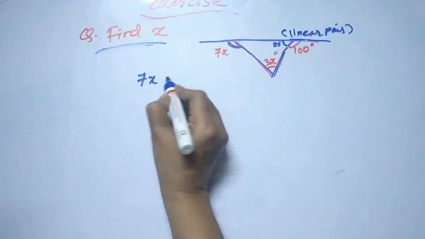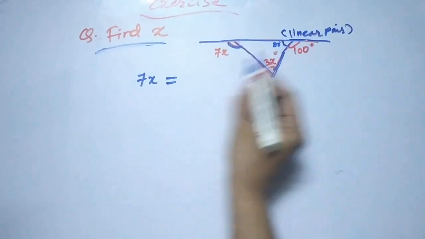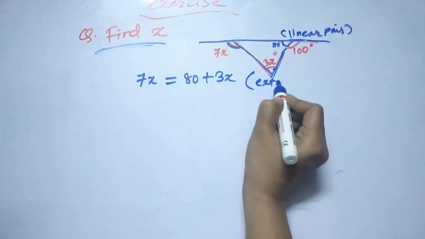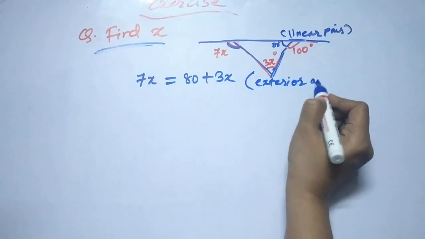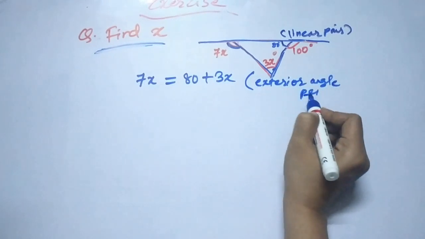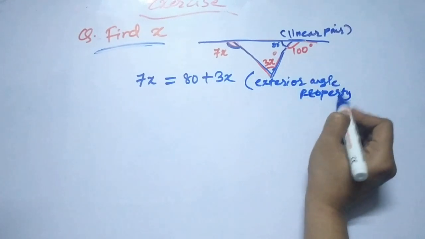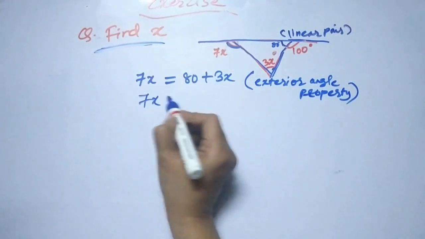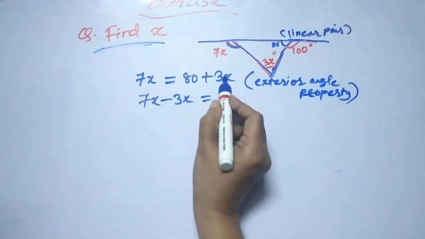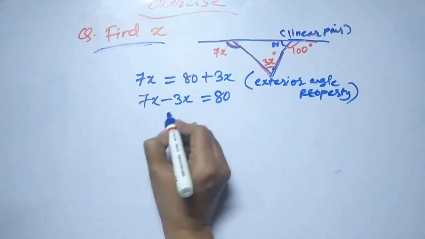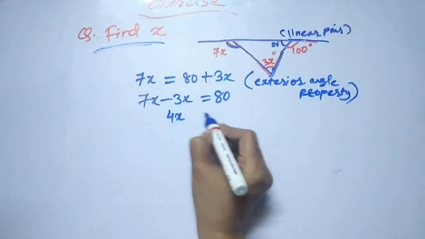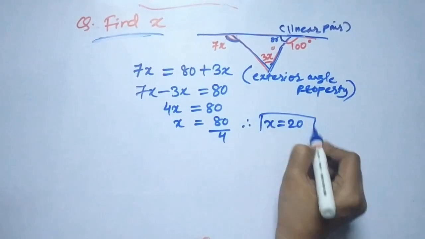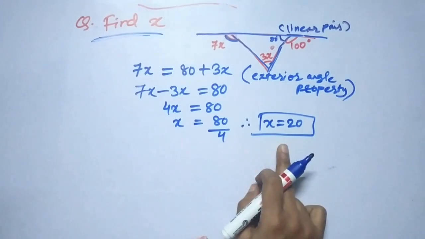So 7x is equal to the sum of these two angles, that is 80 plus 3x, by the exterior angle property. So friends, solve this equation. 7x minus 3x, we'll get 4x, 7 minus 3 is 4, which is equal to 80. Therefore x is equal to 20. We got x value 20.